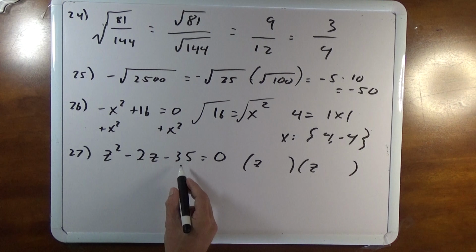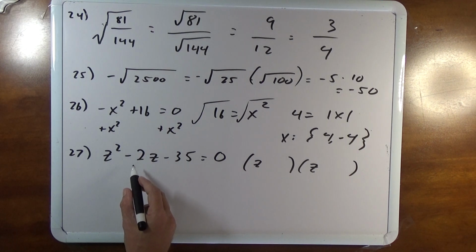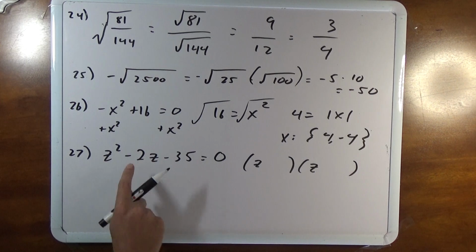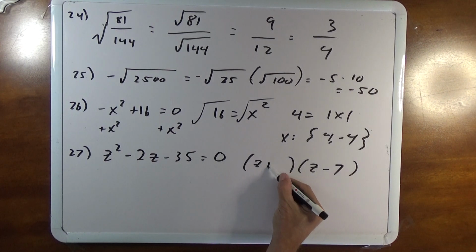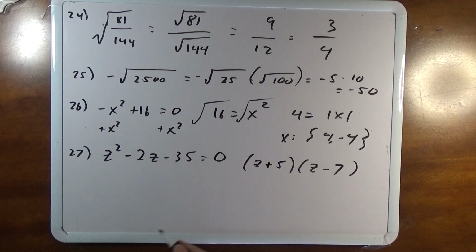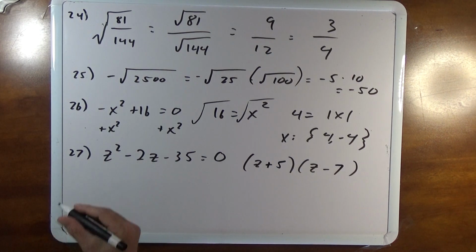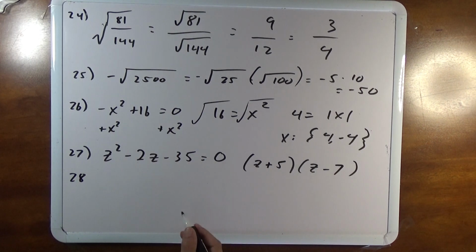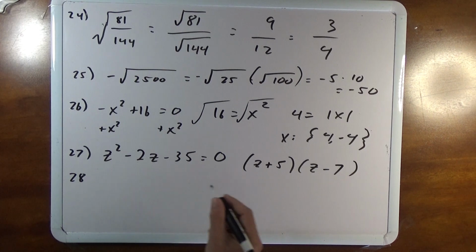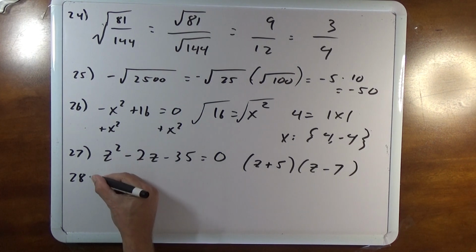Their product is -35, and their sum is -2, and this is -2z, so this will be -7, and this will be +5. Again, you can always use your quadratic formula. You'd get -5 and 7, and then you change the signs and write your factors from your solution. Couple more.